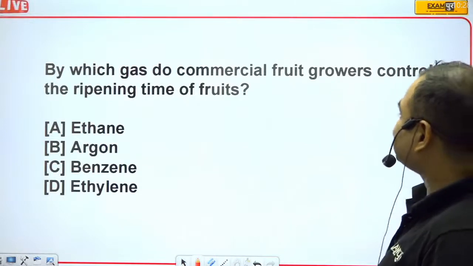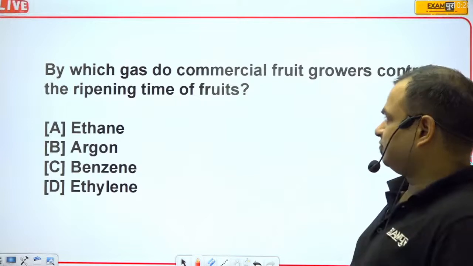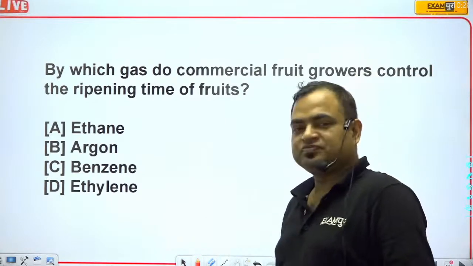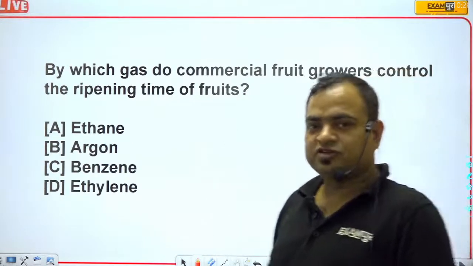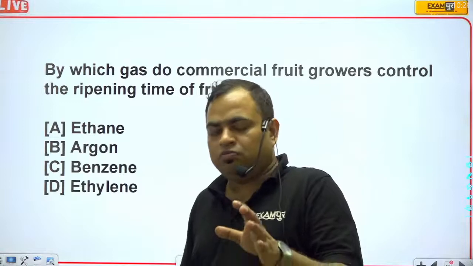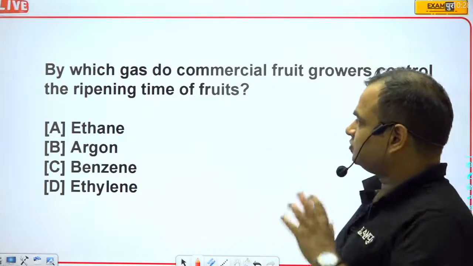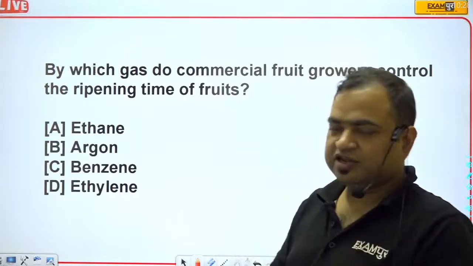By which gas do commercial fruit growers control the ripening time of fruits? Wow, this is a very good thing, but you know that commercial fruit vendors use this gas in cold stores or in some type of boxes.